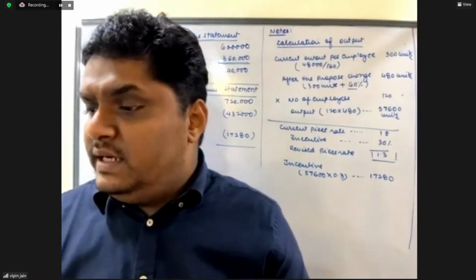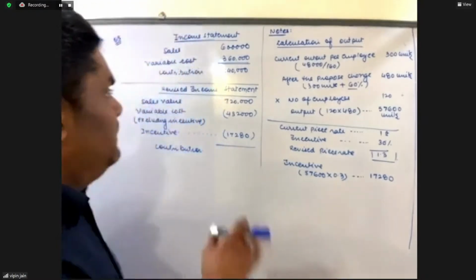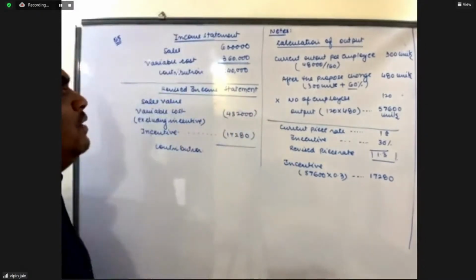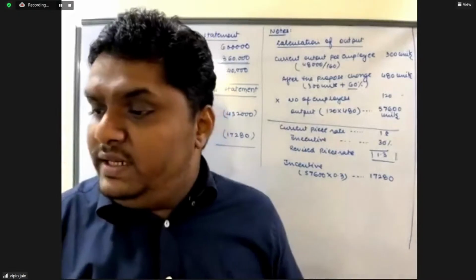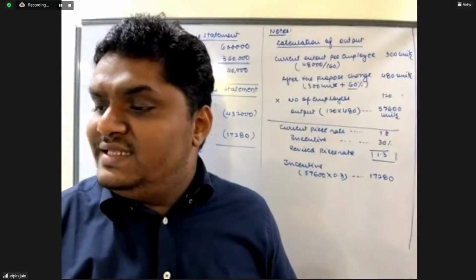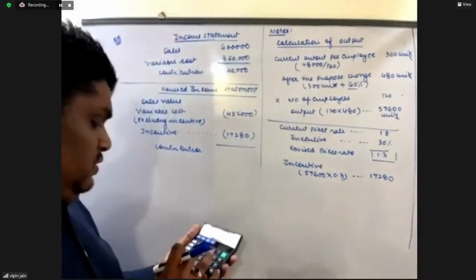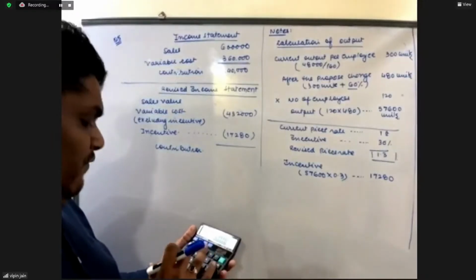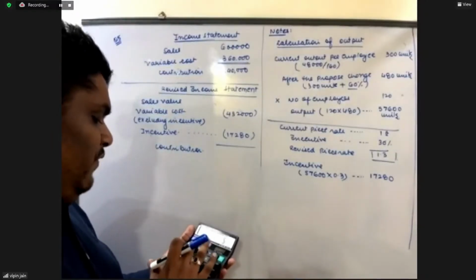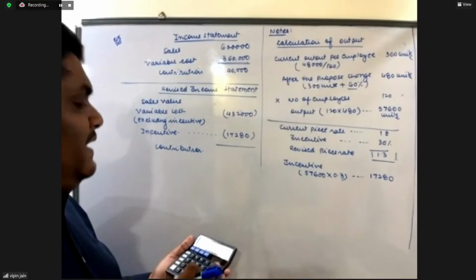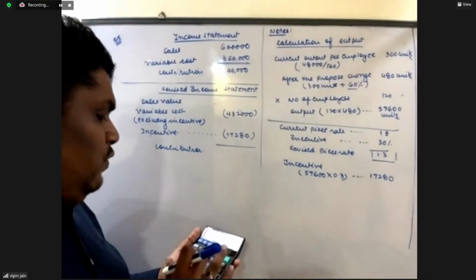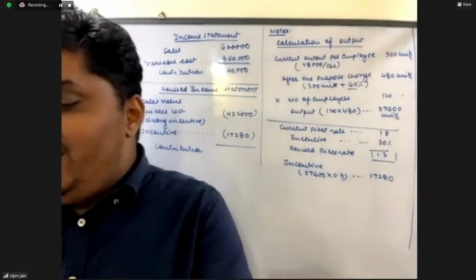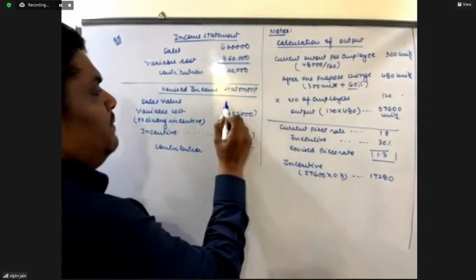Okay, the selling price is reduced by 4%. To sell the increased output, it will be necessary to decrease the selling price by 4%. So 6 lakh is the selling price for 48,000 units. For 57,600 units, the total sales will be 7,20,000 minus 4%, so this will be 6,91,200.